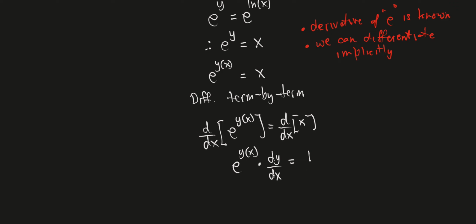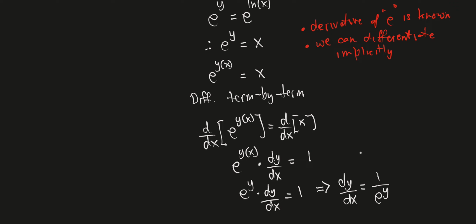So let's rewrite this. So we'll have e to the y times dy dx is equal to 1. And now I can isolate dy dx rather easily. I will have that dy dx is equal to 1 over e to the y.